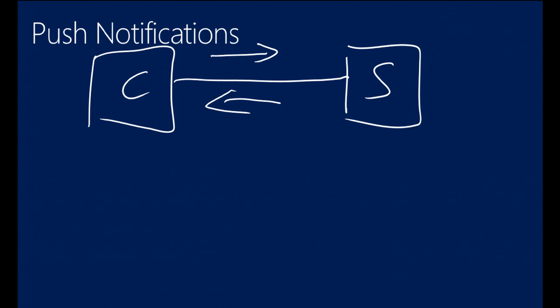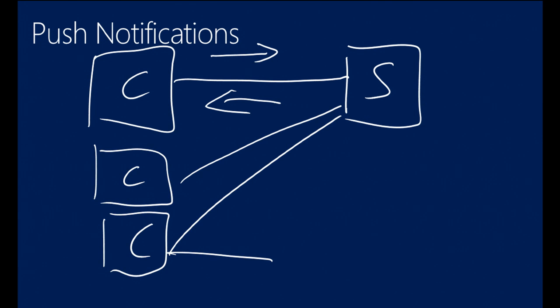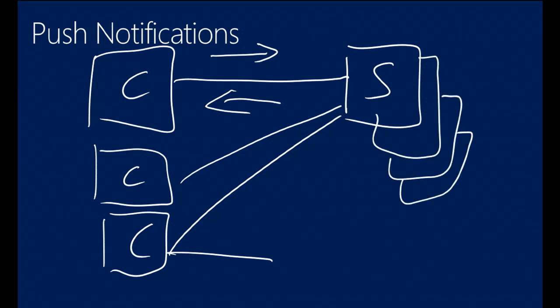The connection needs to stay open. If we have multiple clients, we need to have open connections from the service to every client. Need to have a server farm for doing that.